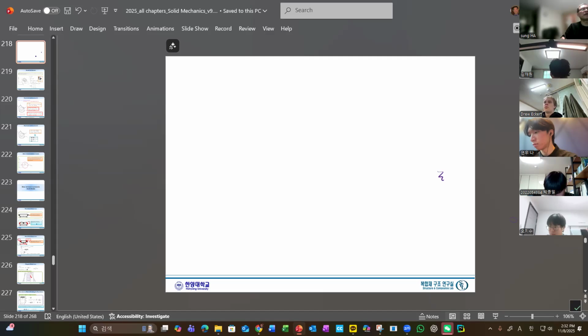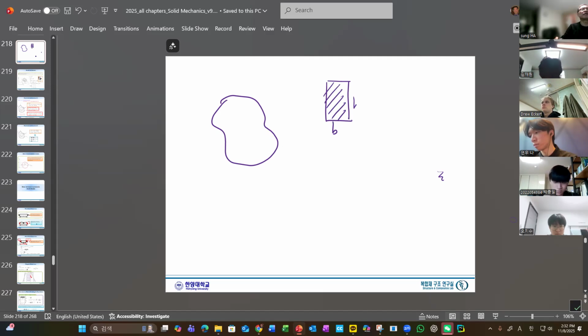Let's say we have some cross sections like that, any kind of cross section. For the beam, we usually have a rectangular one, like B and H, or circular cross sections, or a tube, which we discussed and considered in the beam for the eVTOL.